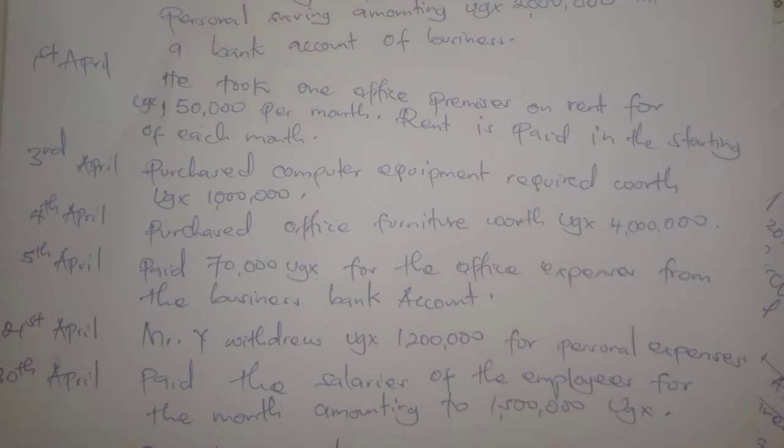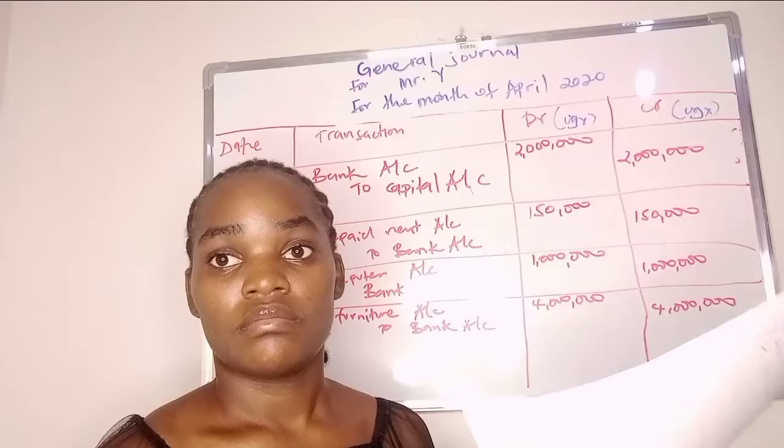Then the next transaction on 5th, paid 70,000 UGX for office expenses from the business bank account. So paying expenses increased by debiting, and paying them using bank.